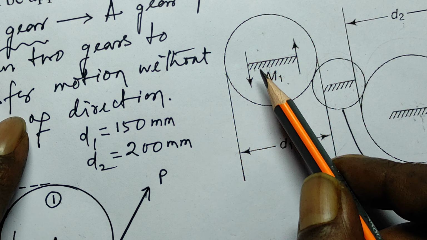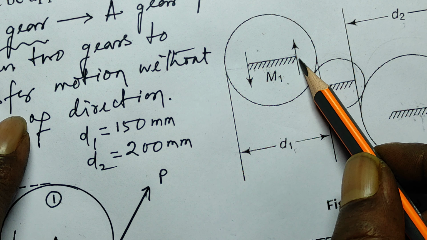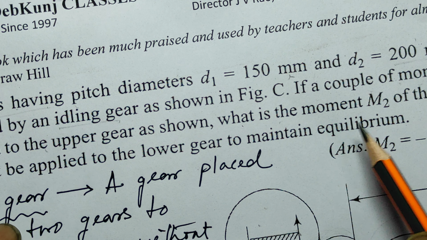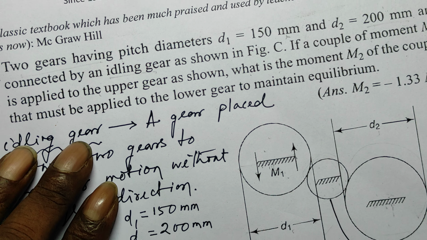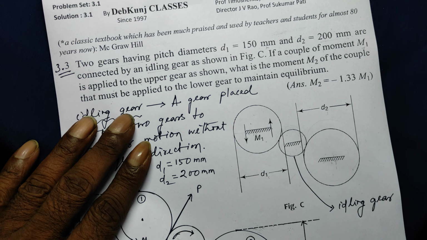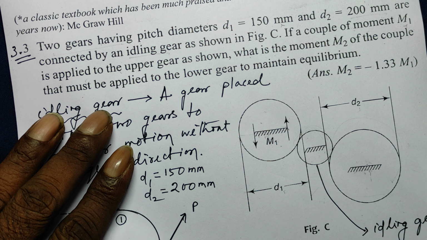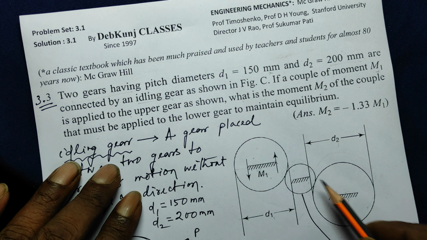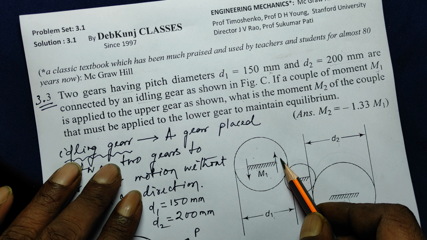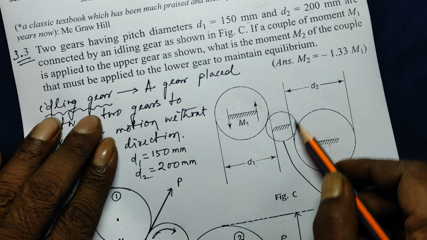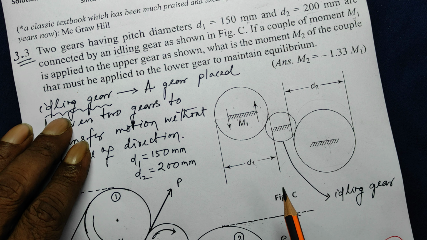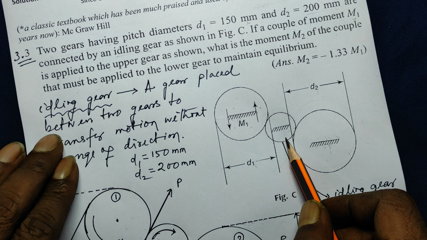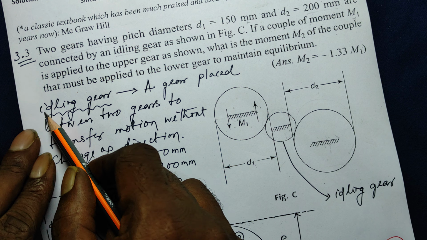There are 2 gears. This is one gear, this is another gear. The pitch diameter of this one is 150 mm and the pitch diameter of this one is 200 mm, and both are joined to each other by another gear in between called an idling gear.